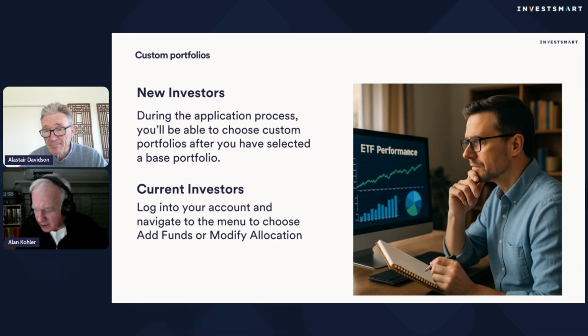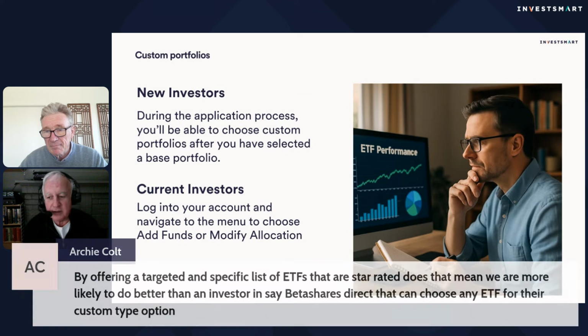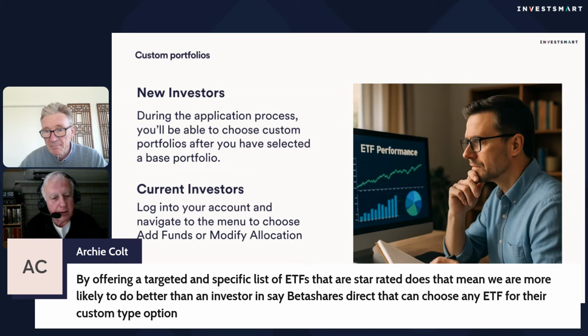Archie says, by offering a targeted and specific list of ETFs that are star rated, does that mean we're more likely to do better than an investor in, say, BetaShares direct that can choose any ETF for their custom account option? So really, I suppose he's asking for a comment about the benefits of having a walled garden of chosen ETFs for the custom ETF option.